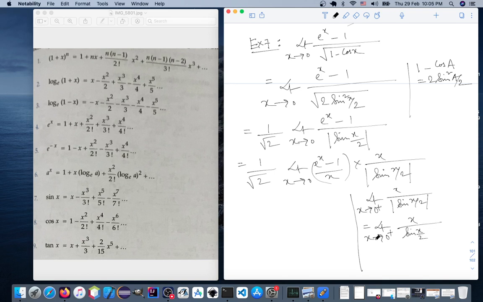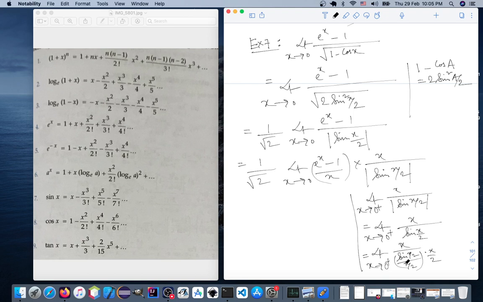This we can write as 1 by sine x by 2 divided by x by 2 into x by 2, and over here we already have the x.